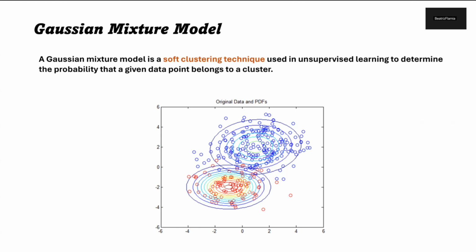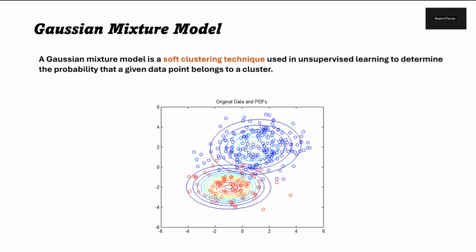That's one of the differences. But the main difference between the Gaussian and the other methods is that we have levels of how much the elements belong to each cluster. For example, here in the figure, the elements closer to this center, which is not a centroid, have a higher probability to belong to this cluster, and a lower probability to belong to this one.